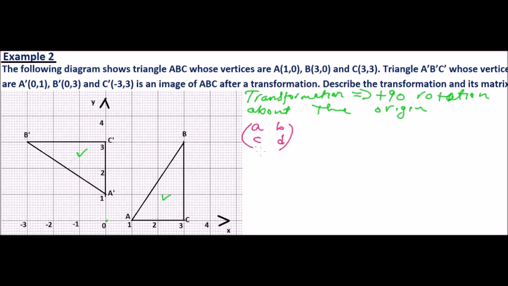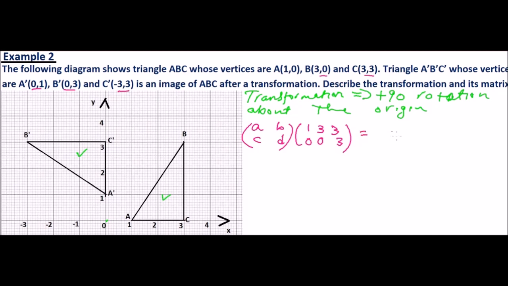Then we say that if you multiply with the column vectors of our object, which will form a matrix, you should be able to get the matrix formed from the column vectors of our image. So the matrix that will be formed is 1, 0, we have 3, 0, we have 3, 3. So that is the matrix formed from our object.